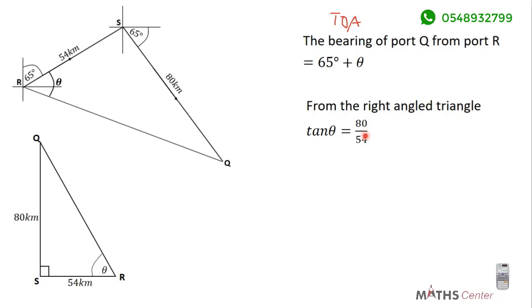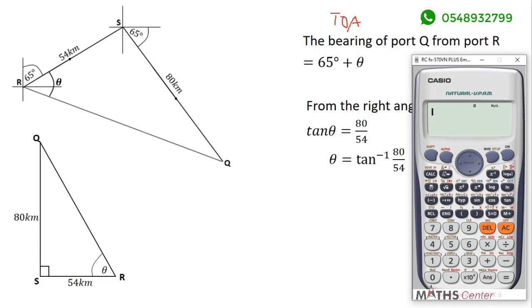So the kilometer will cancel the kilometer. How do we find theta? We can say that theta is equal to tan inverse of 80 divided by 54. So all we need to do is to find the tan inverse of 80 divided by 54.